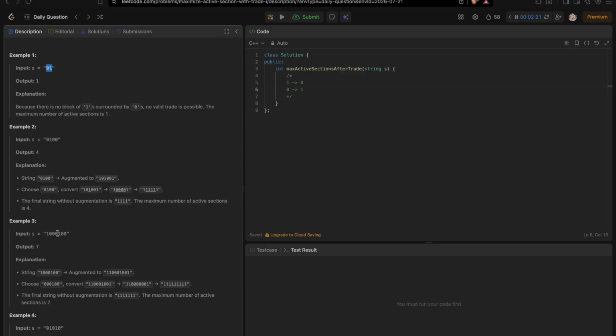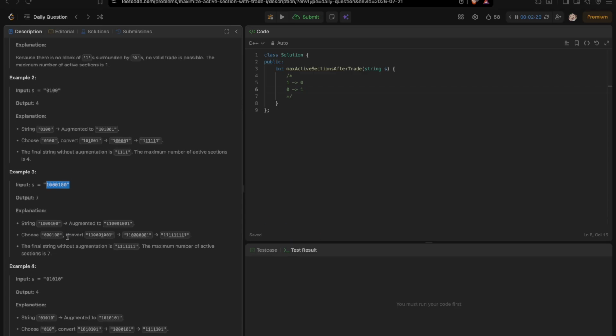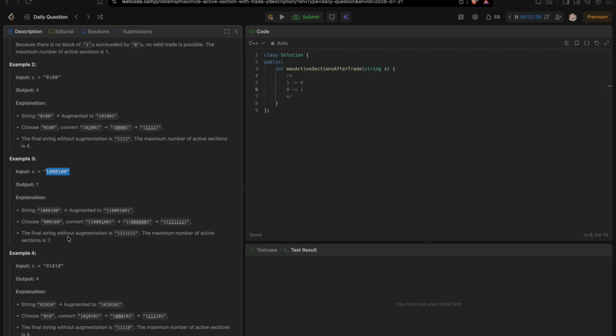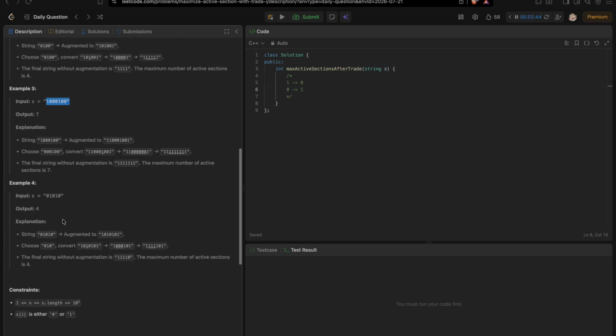Same here, it will be 0 and we'll be having 1 2 3 4 5 6 7. One zero one zero 1 0. Can convert this to 0 1 2 3 4.